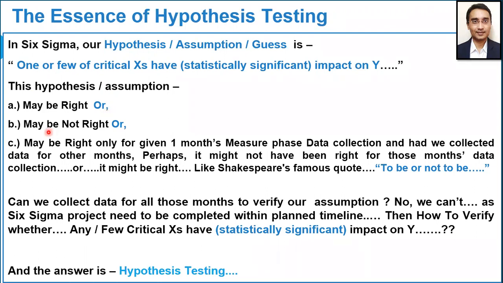There is also a possibility that there is no impact of any given critical X on Y. A third possibility is that it may be right only for the one month's measure phase data we collected, and had we collected data for other months, it might not have been right for those months, or it might be right.